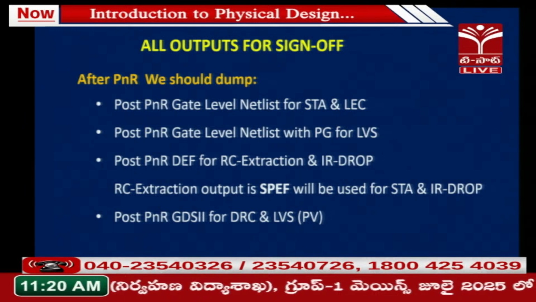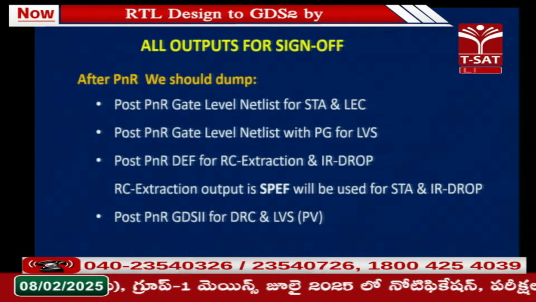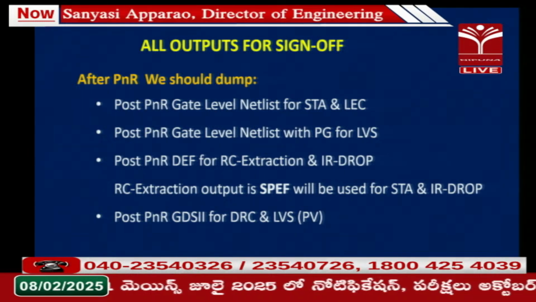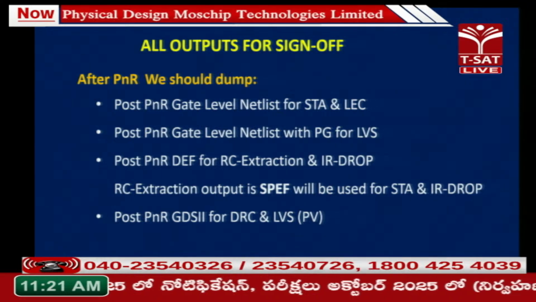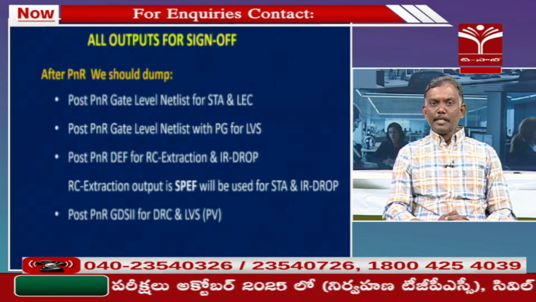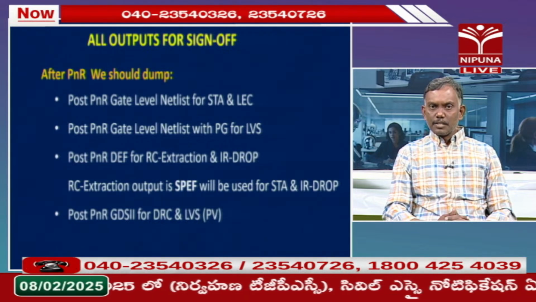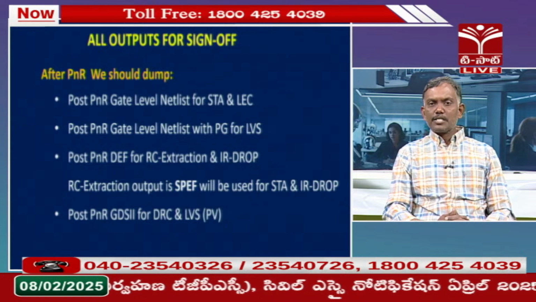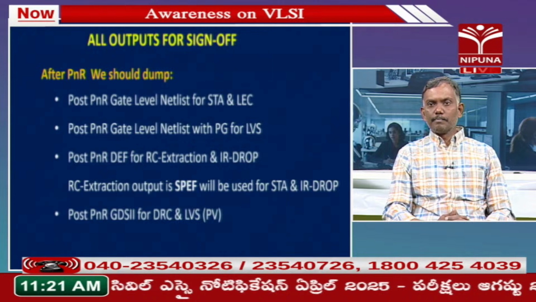Once your place and route is completed, placement of the standard cells, clock tree building and routing, now we should dump all the required files for the sign off checks. I will explain what all the sign off checks are. Before that, what files do we need to dump on the post route optimization design?